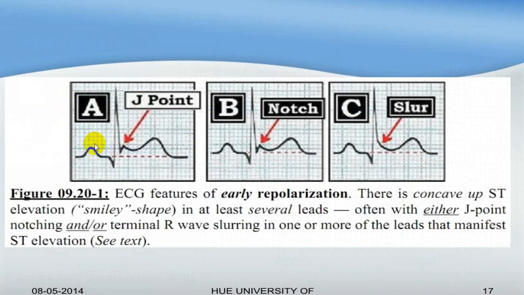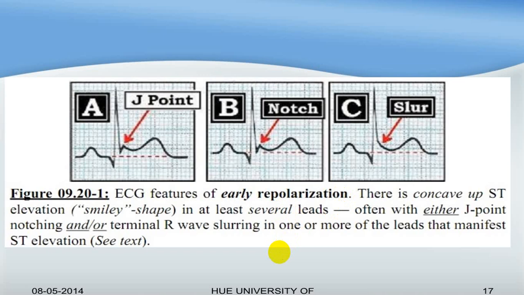So this is J point, this is notch J point, and this is slurred. All these features suggest early repolarization. Early repolarization can be there in the early repolarization syndromes group, which can be benign.